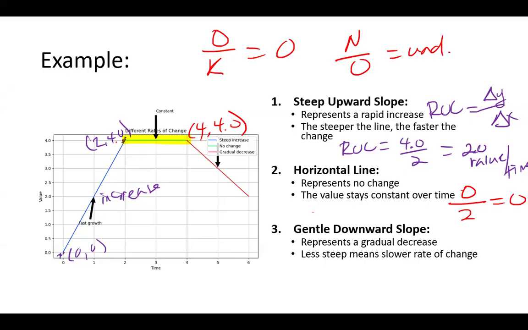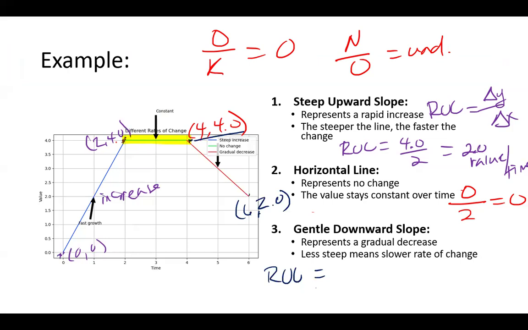All right. Our last interval that we got to be able to analyze is finding a downward slope interval. Do we have evidence of a downward slope here? Yes, it starts here at 4.0, and it ends here at 0. Okay. Can I find the rate of change here? Yes, it's your change in y over your change in x.